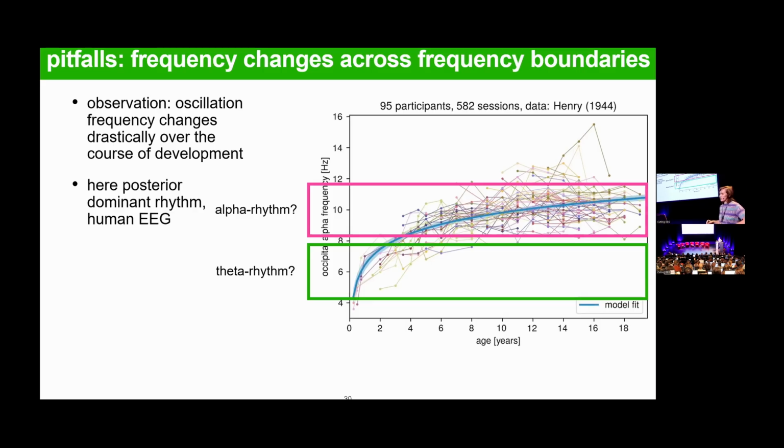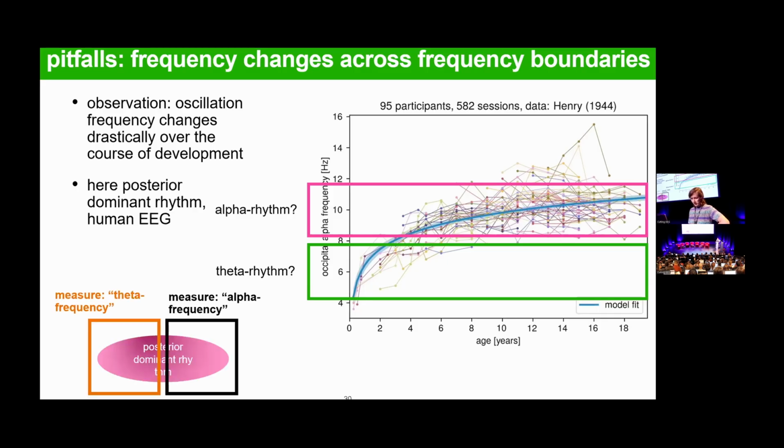It's not matched by these specific frequency bands that people adhere to, and there's a little bit of confusion in terminology when talking about these matters. So this is something to keep in mind. Right, so there's a phenomenon, posterior dominant rhythm, and you use different measures to access it.